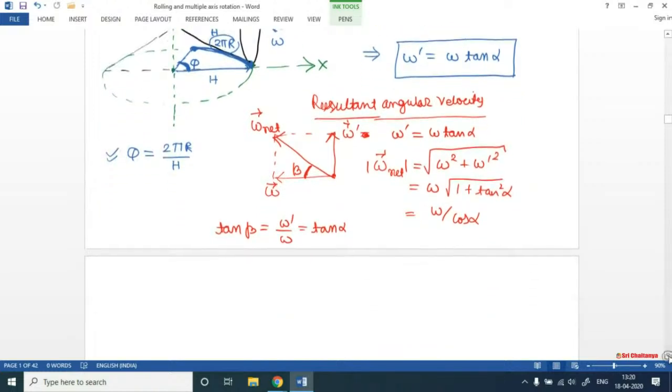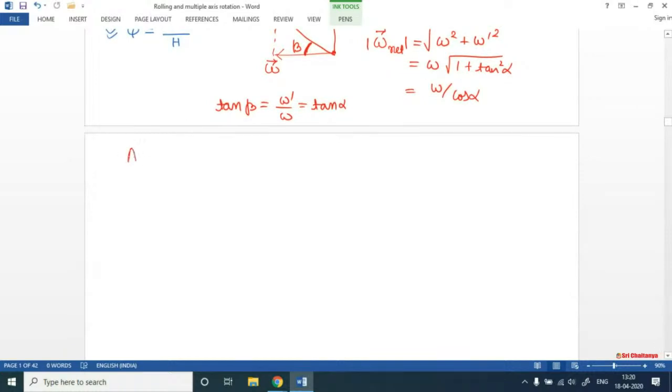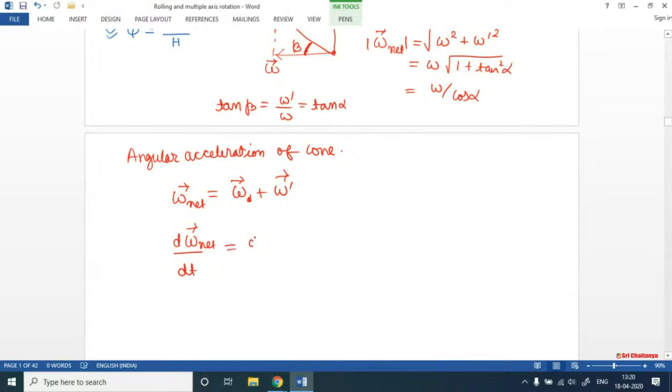Another thing we are interested in finding in this situation is the angular acceleration of the cone. We have already understood that the net angular velocity is nothing but the vector sum of omega and omega dash. So the net angular acceleration would be d omega net by dt, which is d omega by dt plus d omega dash by dt.